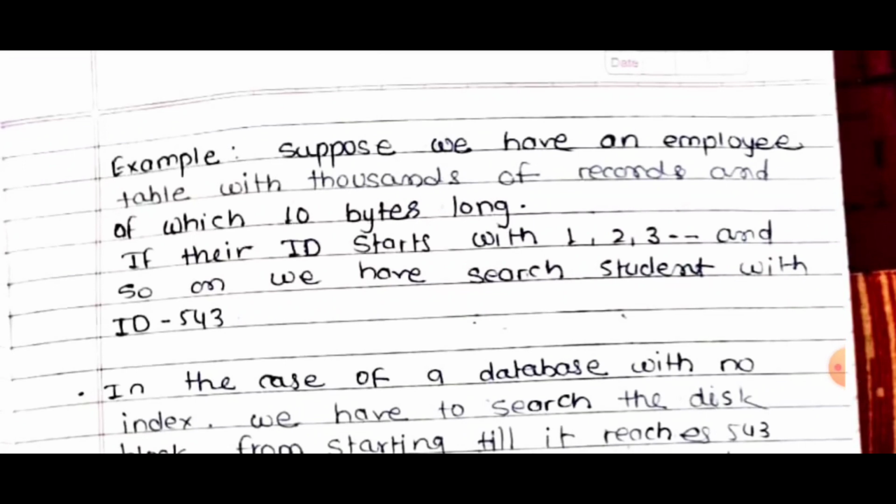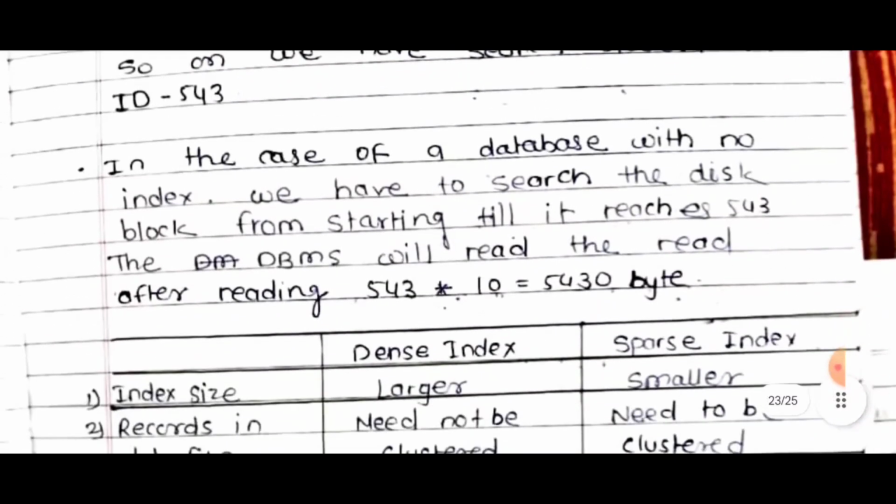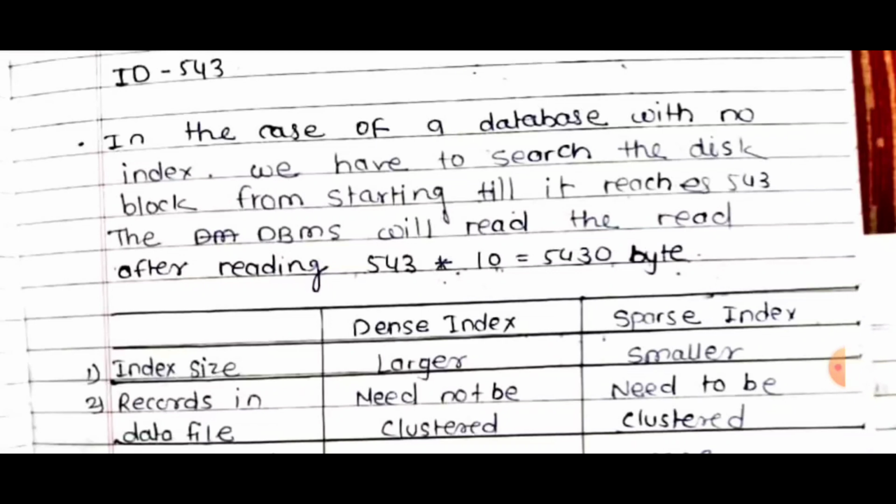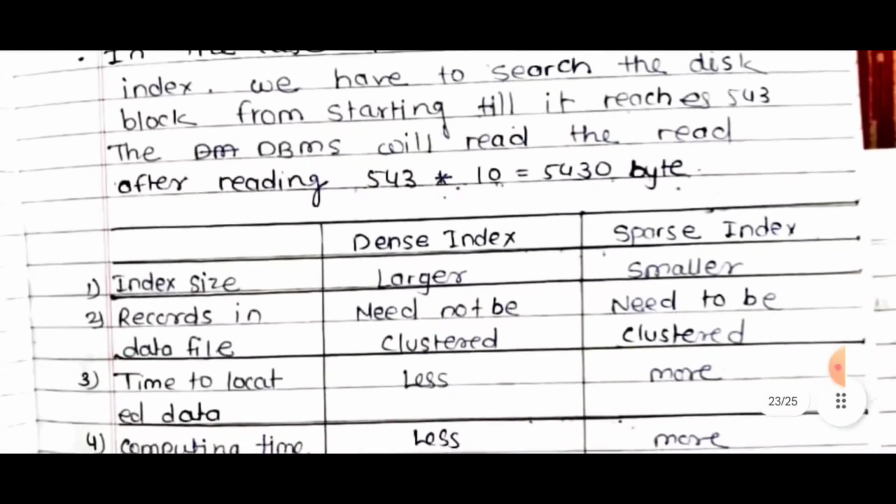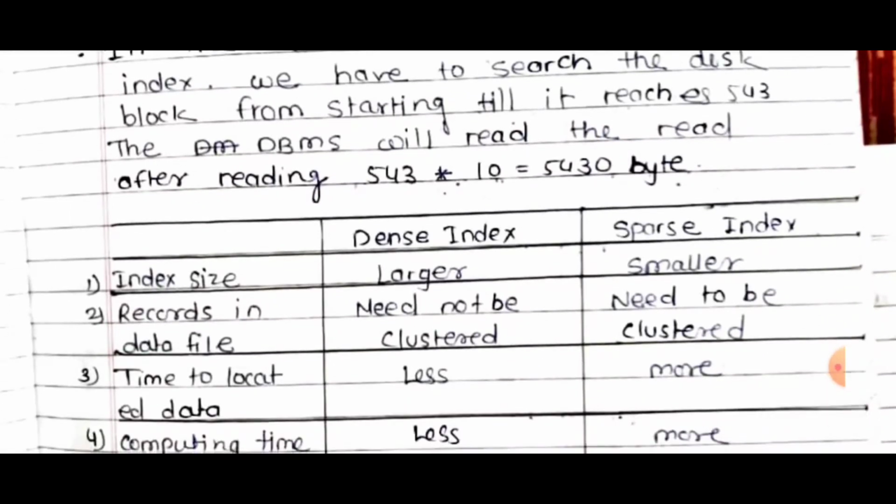If their IDs start with 1, 2, 3 and so on, and we have to search for the student with ID 543. In the case of a database with no index, we have to search the disk blocks from the start until it reaches 543. The DBMS will read 543 records times 10 bytes, equal to 5430 bytes.